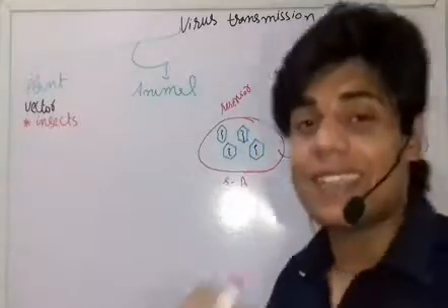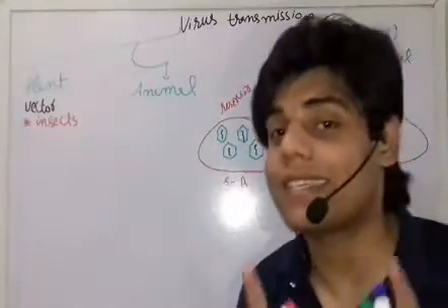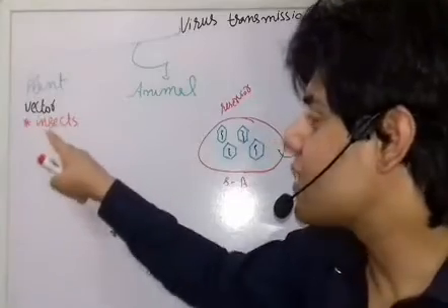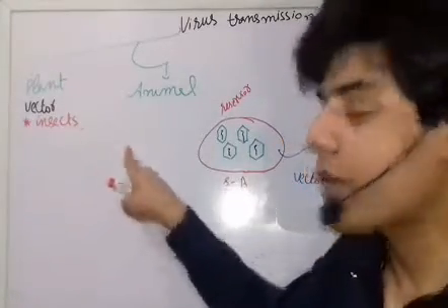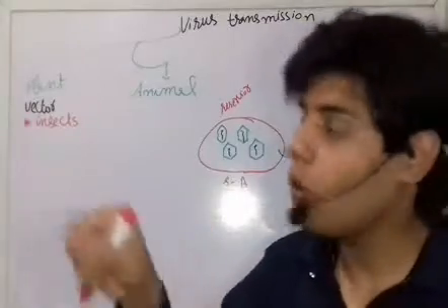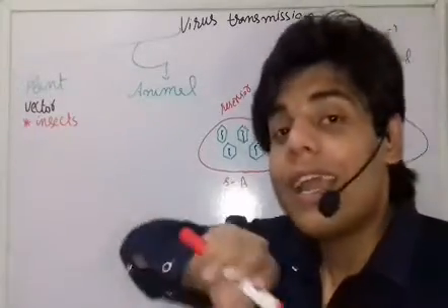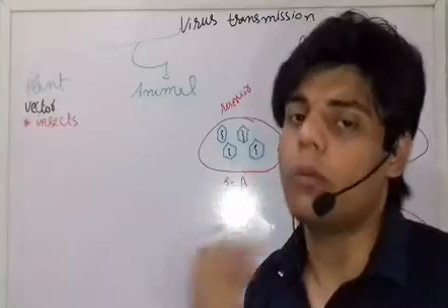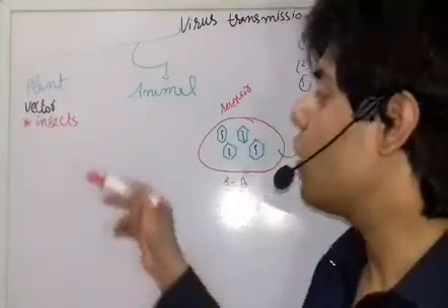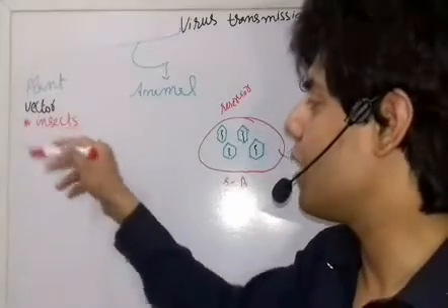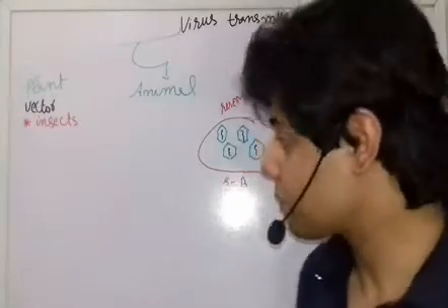Not only will they suck the nectar, they will also suck the viruses. Once the viruses enter the insect's body, the insect will reach the human body and inject the viruses into the human body. Fine. So that's how we also mention the insect as a vector.